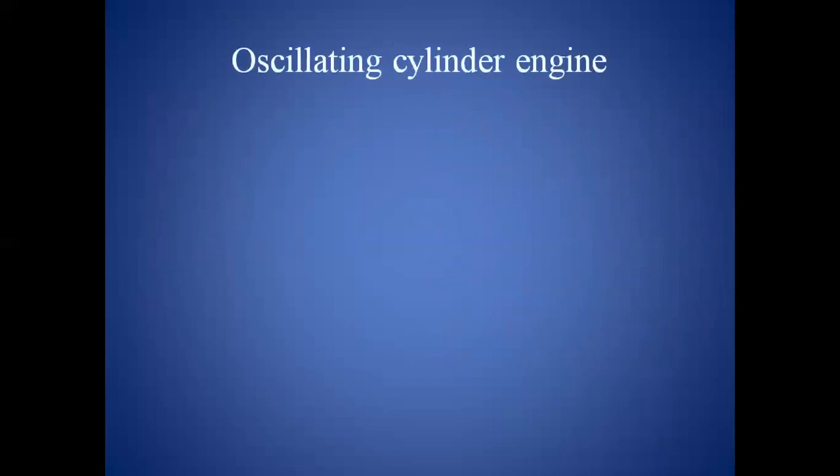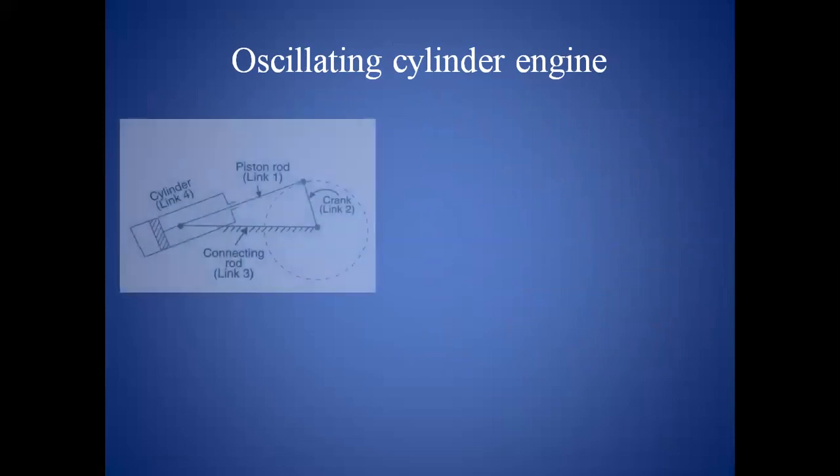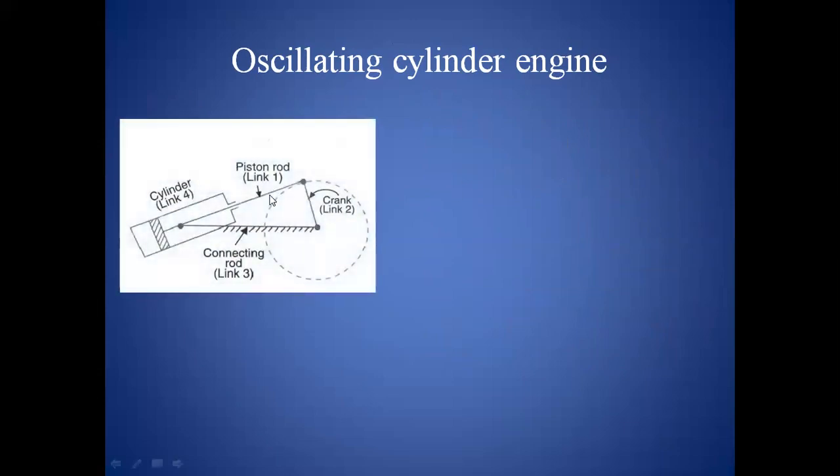Oscillating cylinder engine. In this mechanism, as shown in the figure, link 3, the connecting rod, is fixed. Here you can see in the figure the connecting rod is fixed.